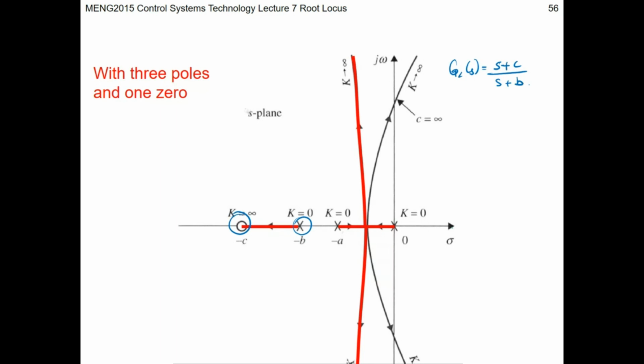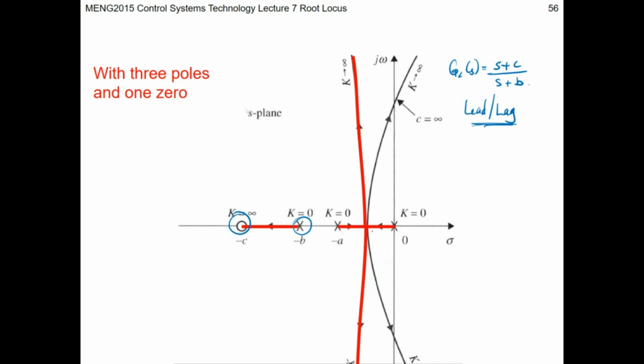So this is a very common type of compensator. This is called a lead lag, or it could be a lag lead, depending on whether C is bigger or B is bigger. Right, but in this case it is a lead lag because B is a smaller number, C is a bigger number. That means B is more significant than C. So this is called a lead lag compensator, and you can see the pole and zero added here.